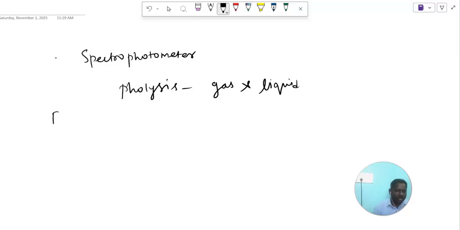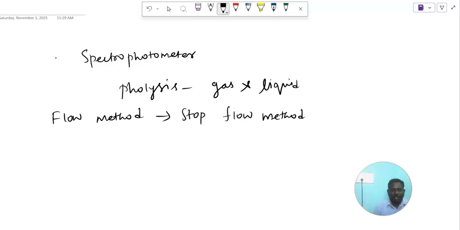There is another method also called the flow method, the stopped flow method. We are not going to deal with how these methods are carried out, but I am just giving the various types of method that can be utilized to study the kinetics of a reaction.